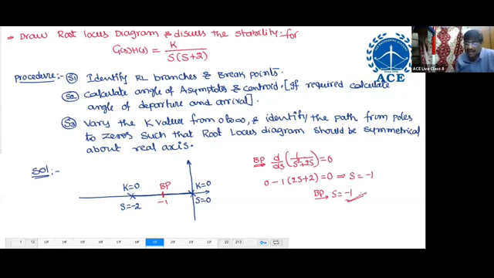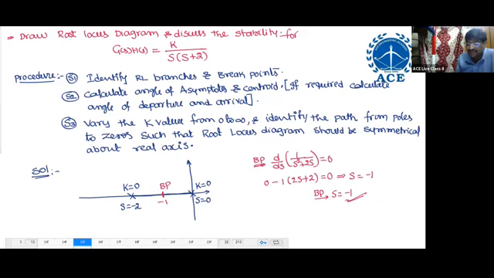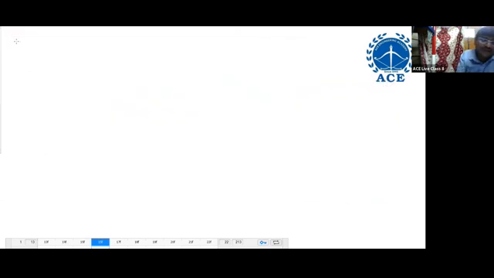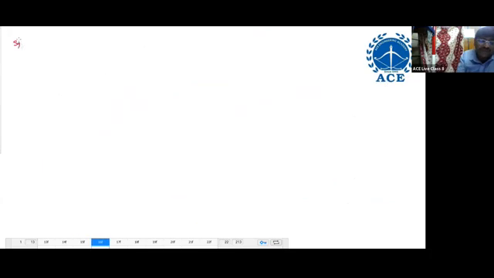Next, calculate the angle of asymptotes and centroid. This is step 2.